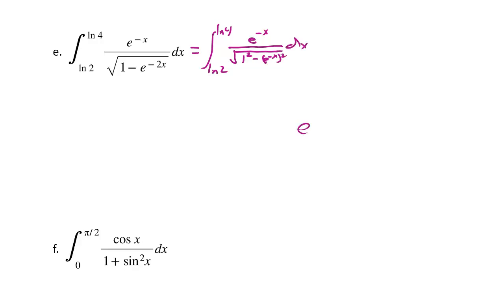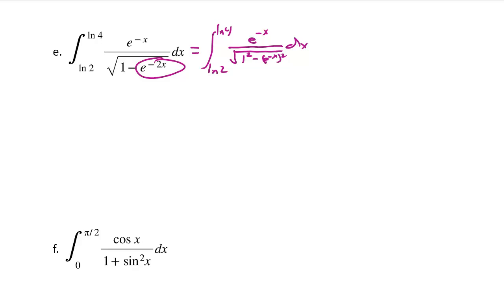All right, so if you take e to the negative x and square it, that's the same as taking the 2 and multiplying by the negative x. So we get e to the negative 2x. All right, so this is actually a square over here.